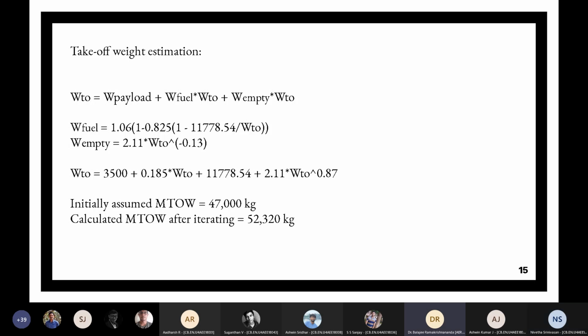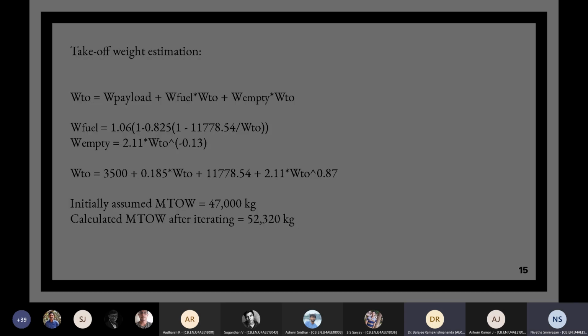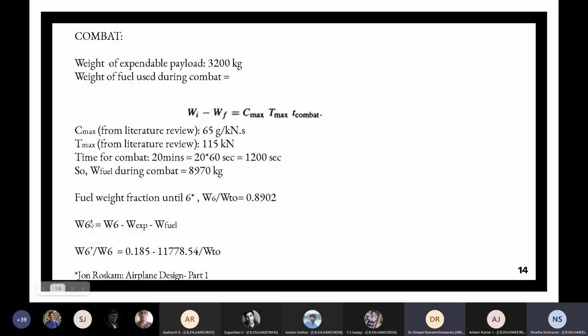Okay. That is, at 6 prime, you drop the weight. You have another weight. With that weight, you calculate how much fuel is consumed later. Now, finally, you get some weight, no? Yes, sir. We have taken that into account here. Right. The fuel dropped, expendable payload, and the weight before W6.